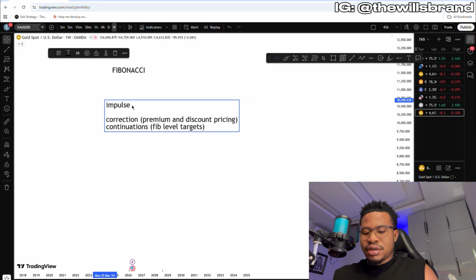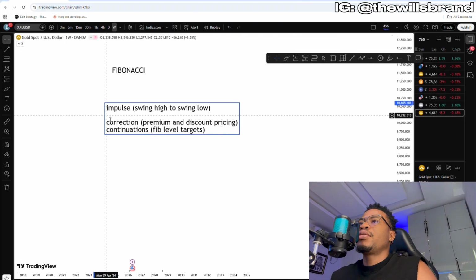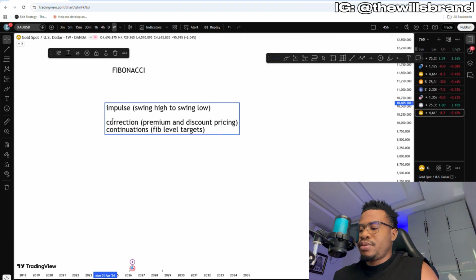Under impulse, we're going to have swing high to swing low, or we can just put swing structures. I'm going to explain what all this means while I'm putting this.